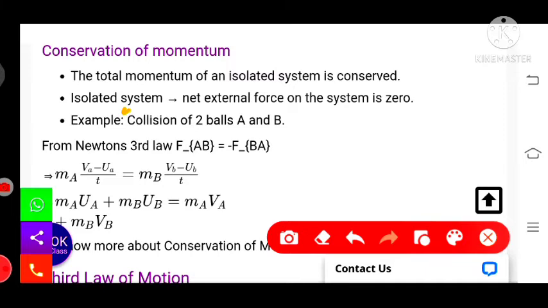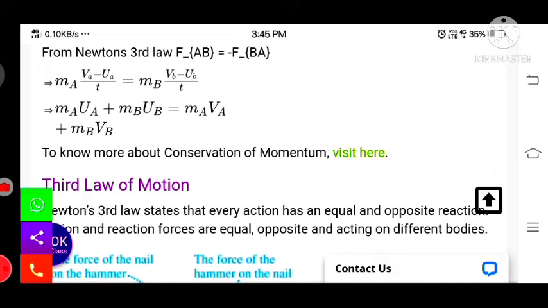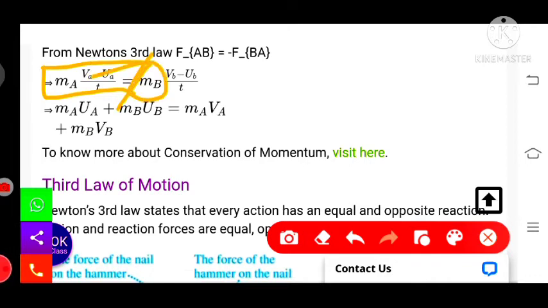For example, collision of two balls A and B. From Newton's second law, we take the mass of the first ball as ma and the mass of the second ball as mb.